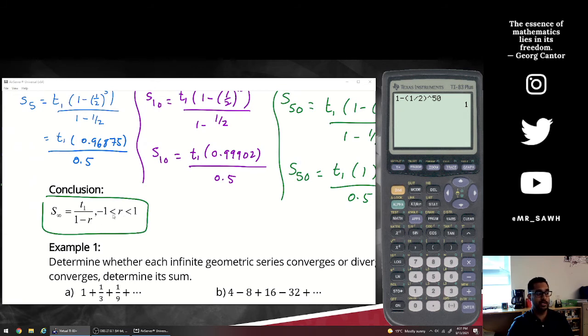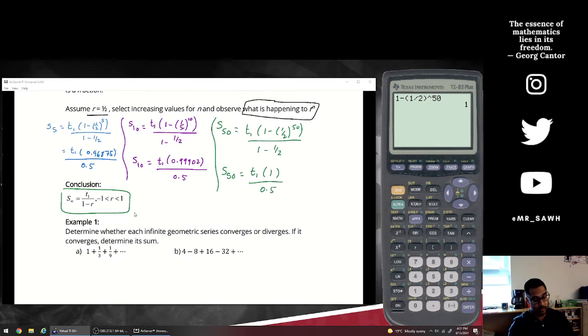As long as your ratio is a fraction in between -1 and 1, it will approach one value. It'll be convergent. If it's not a ratio in between those two numbers, it will be divergent, and it will not approach one certain value. It'll just either keep getting really, really large, really positive, or really, really negative. But on both ends of that spectrum, you're going to have very large numbers.